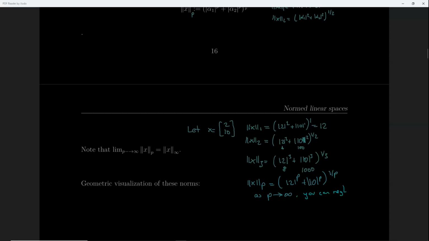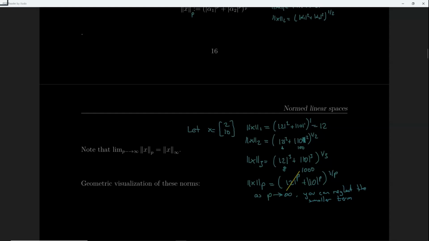The smaller term can be neglected. If you neglect the small term, then you end up with 10 to the power of p, to the power of 1 over p.